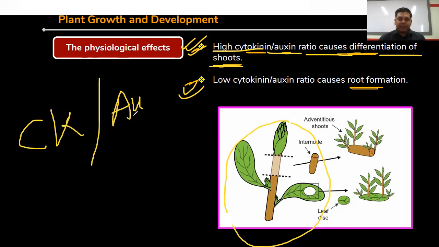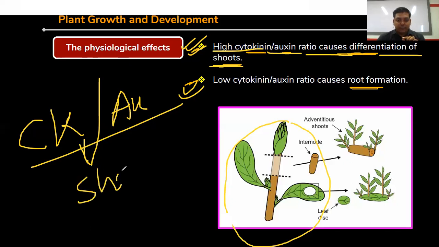When the cytokinin amount is higher, then cell division will be higher. Try to understand, the question will come from this function. When the cytokinin amount is higher in this ratio or mixture, then shoot differentiation is higher.